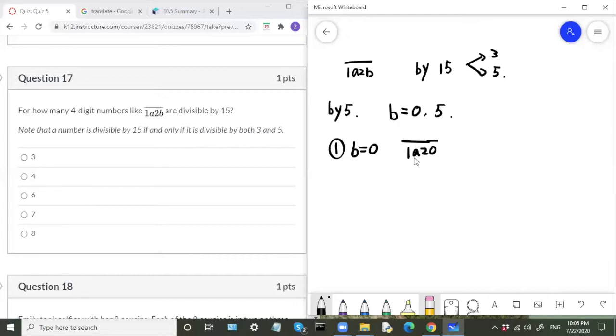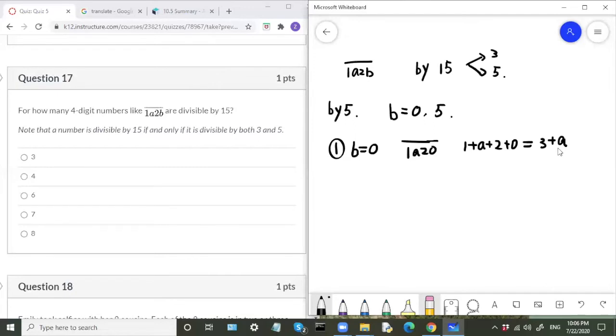The divisibility test for 3 is that the sum of all the digits is divisible by 3. So we add all the digits, which equals 3 plus A. This sum needs to be divisible by 3. So A can be 0, 3, 6, or 9.